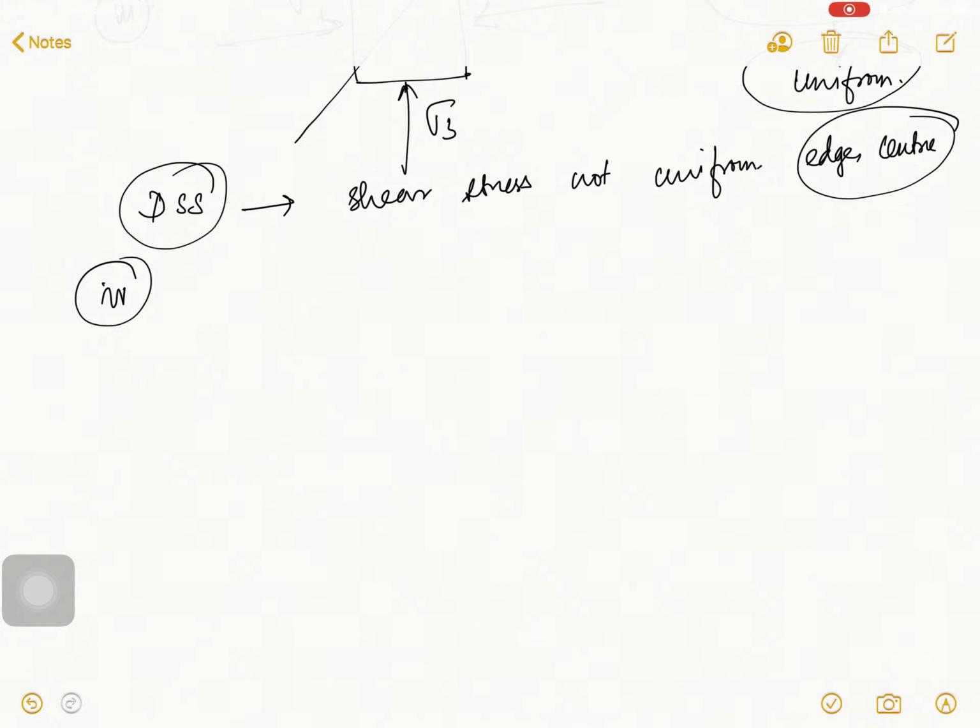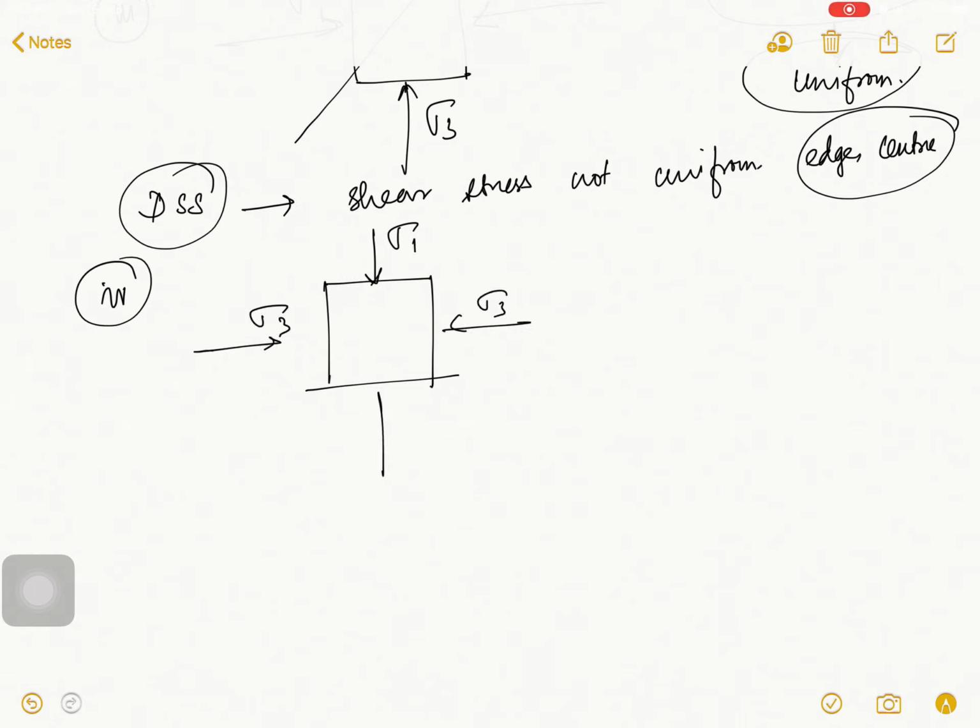Number 4, again I draw the element. This is your sigma 1, this is your sigma 3, sigma 3, sigma 1. And suppose this is your failure plane, say at 39 degrees. So in the failure plane, we definitely find tau, that means shear stress.